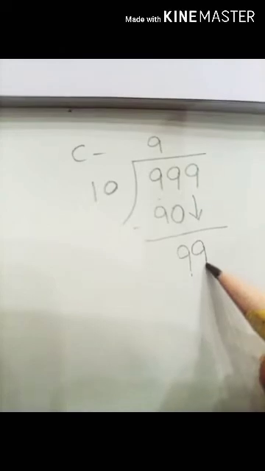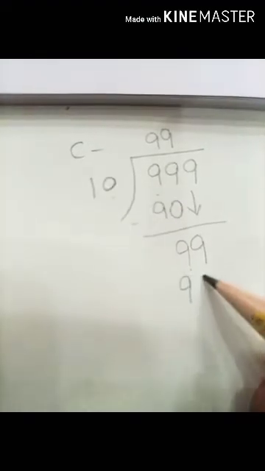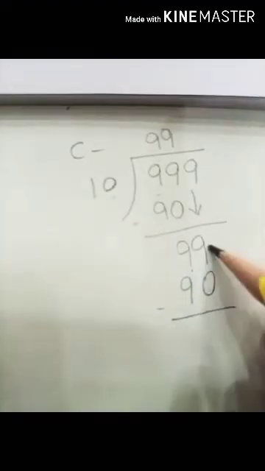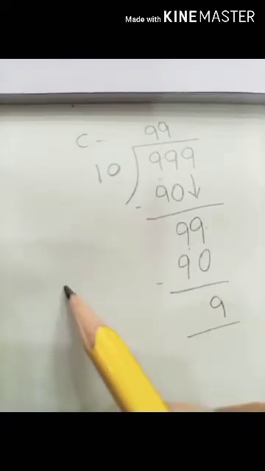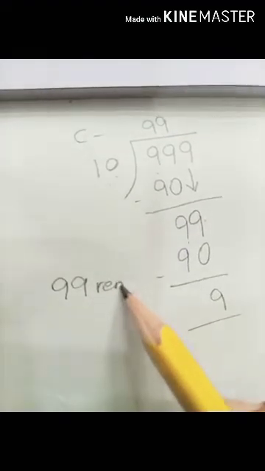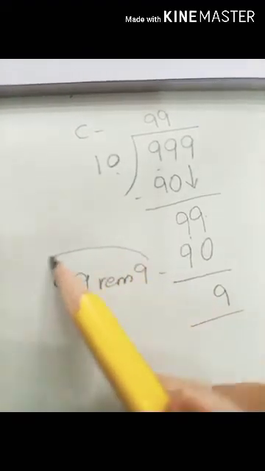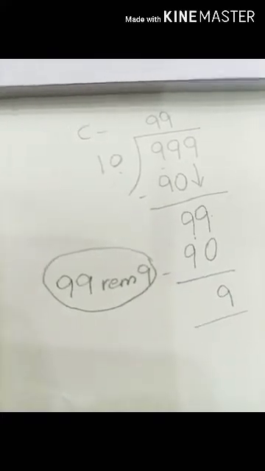This will become 99. 10 9s are 90, so I am going to do it again. Now students, we are going to subtract again. 9 minus 0 and our remainder is 9. Look at this, we are going to write our answer as 99 is our quotient and our remainder is, REM showing the remainder, that is 9. So students, you are going to write this statement in the answer of part C in this way.